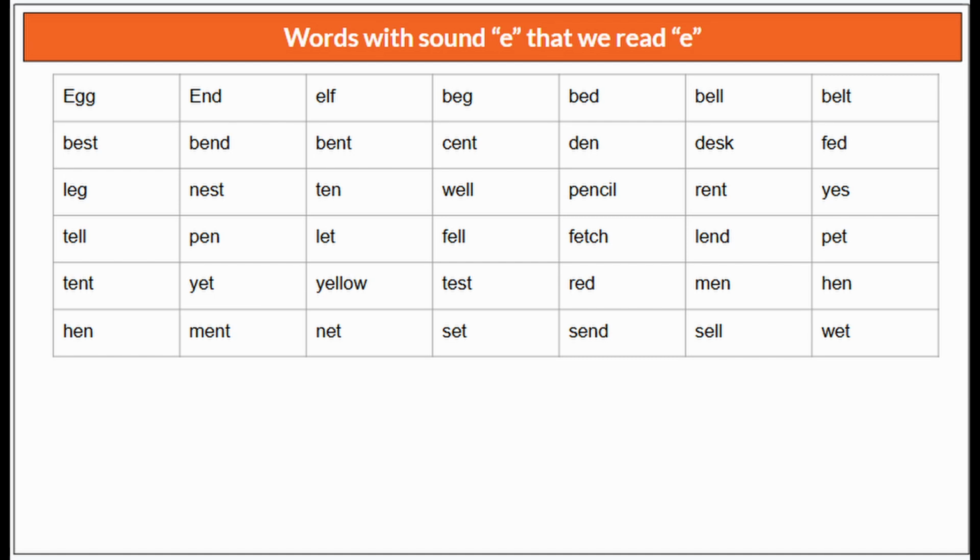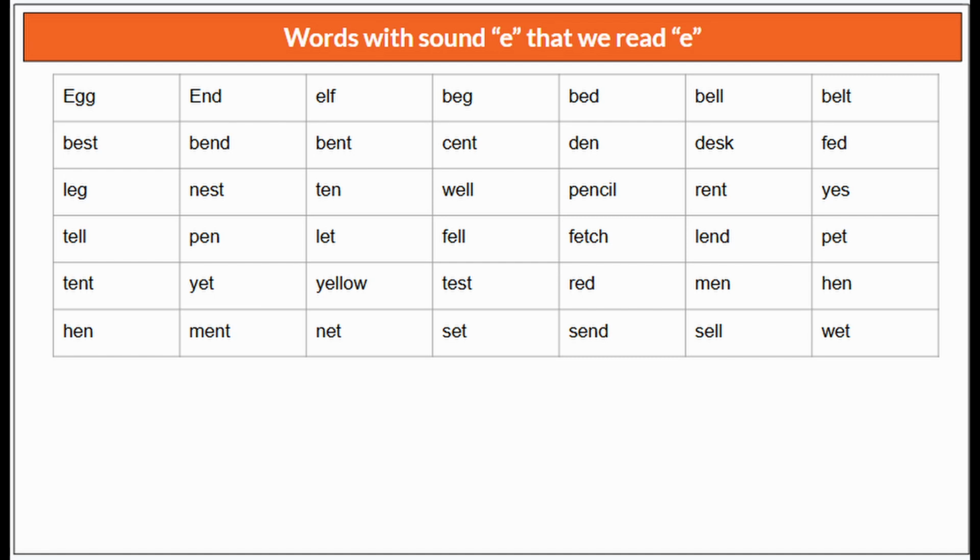Elf, beg, bed, bell, belt, best, band, bent, scent, den, desk, fed, leg, nest, ten, well, pencil, rent, yes, tell, pen, let, fell, fetch, land, pet, tent, yet, yellow, test, red, man, hen, meant, net, set, sand, cell, wet.